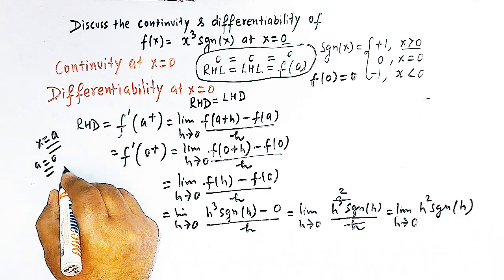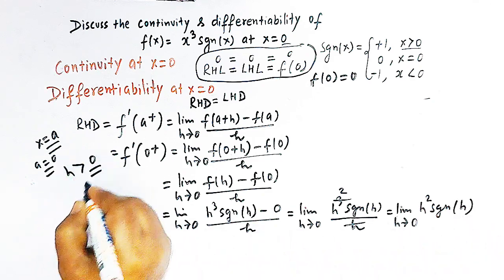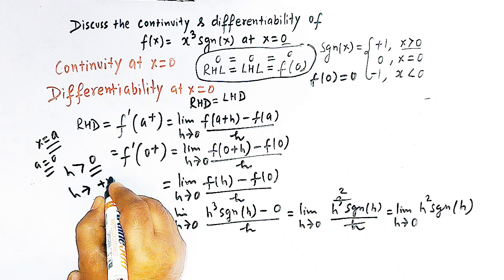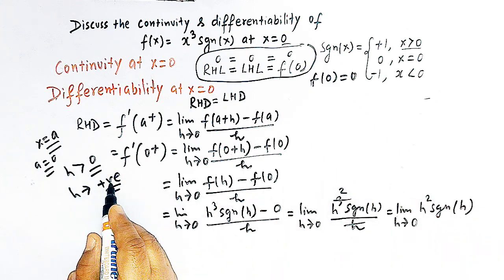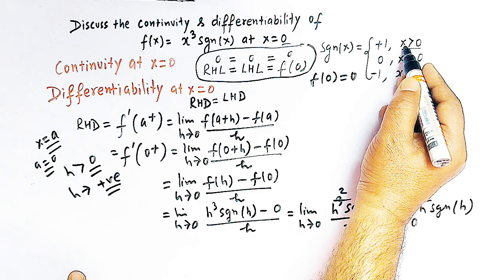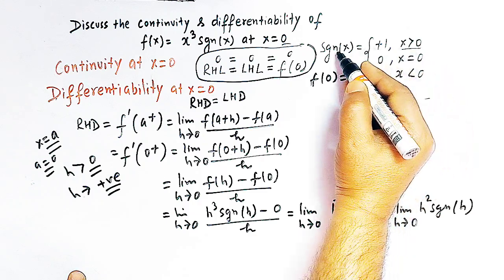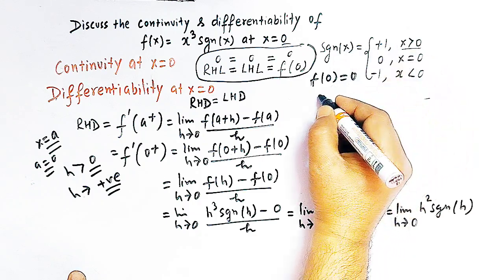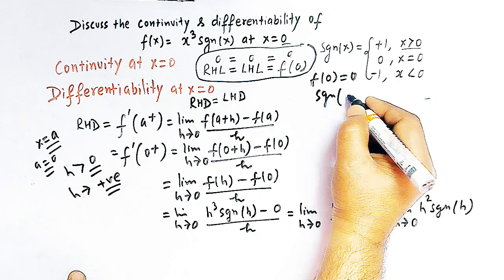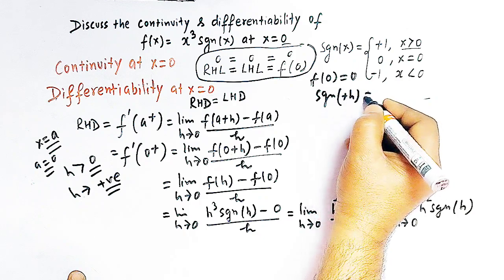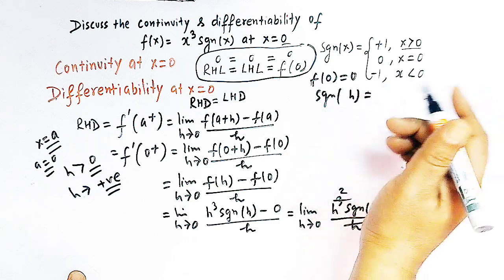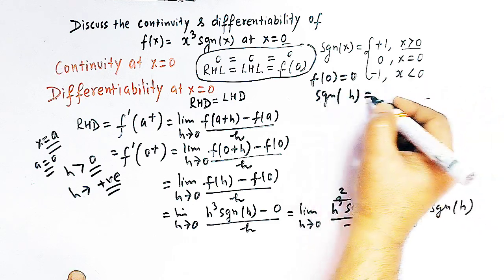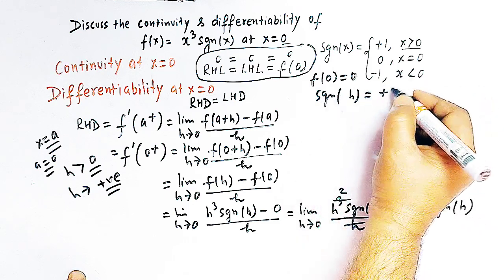Remember h is greater than 0, that is h is a positive quantity, right? When x is greater than 0, signum of x is 1. So signum of h is equal to plus 1.